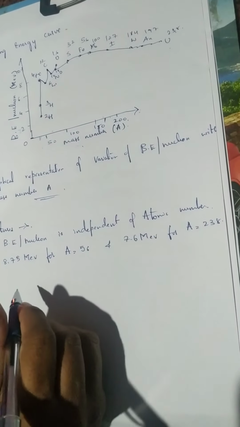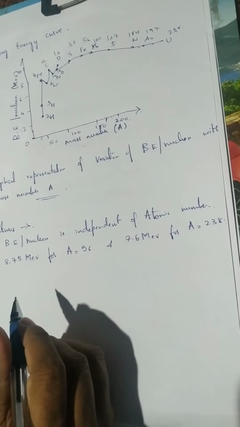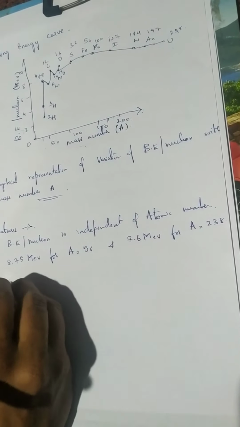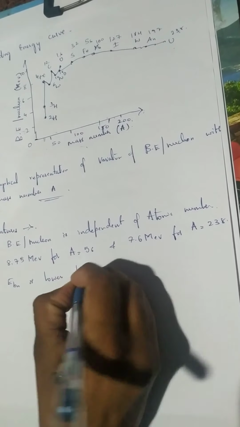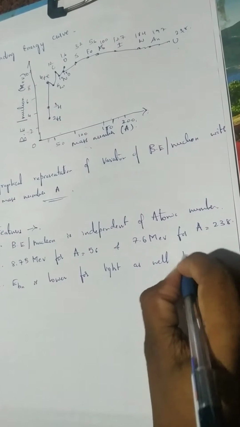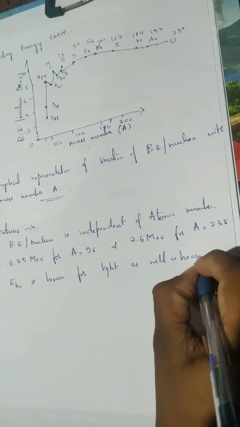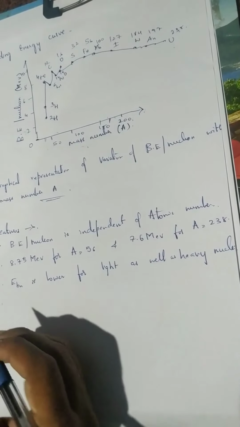Then next, the specific binding energy is lower for both light nuclei and heavy nuclei, right?